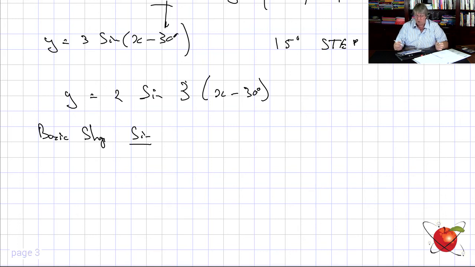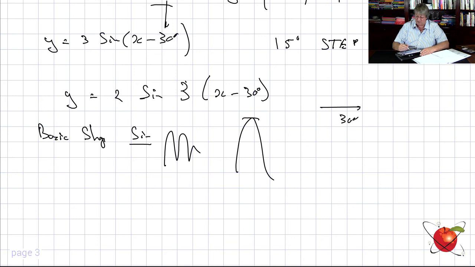So draw your sine as a basic shape. Then you work out the steps. This sine graph has a minus, so it has gone forwards 30 degrees. This 3 here is greater than 1, so it's going to squish it up. And that 2 means it's going to lift the amplitude up to 2. Can you see?